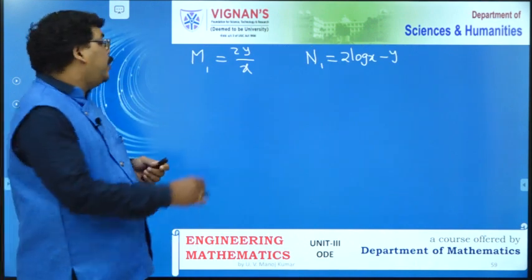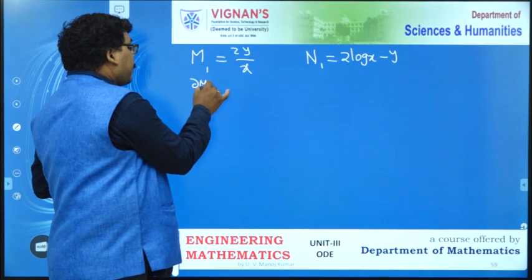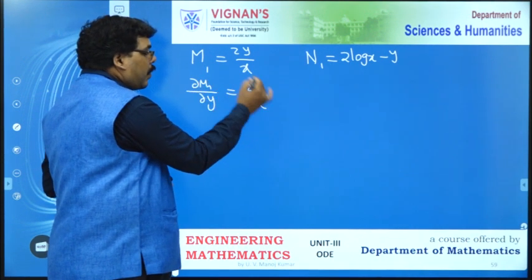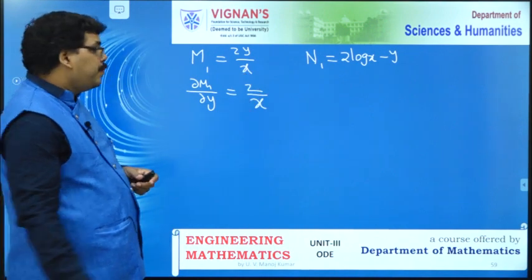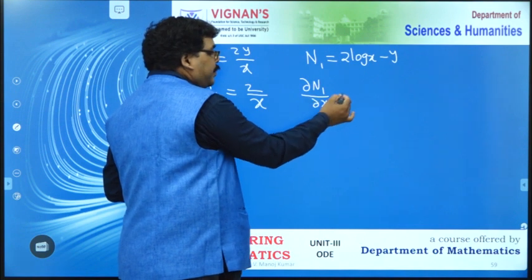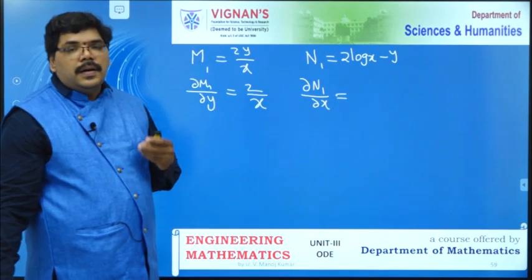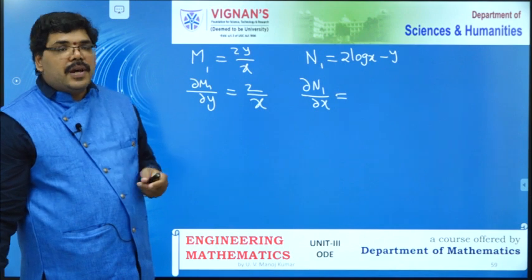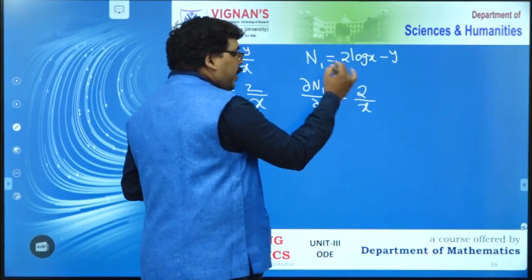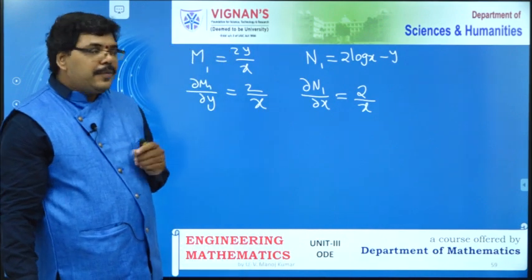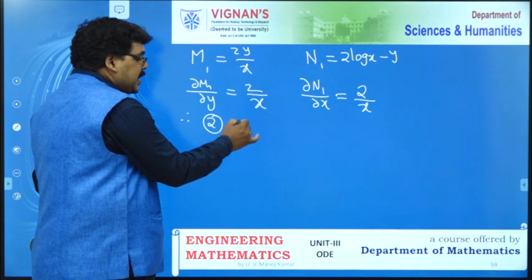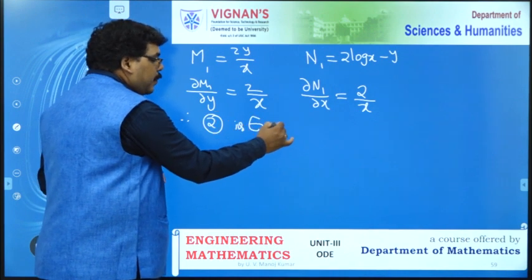Find dou m1 by dou y: 2 by x. Dou n1 by dou x: y is constant, its derivative is 0, and the derivative of log x is 1 by x. Therefore, the second equation is exact.